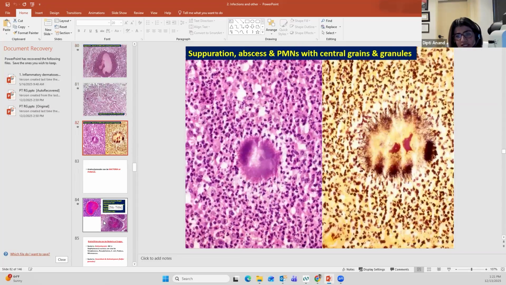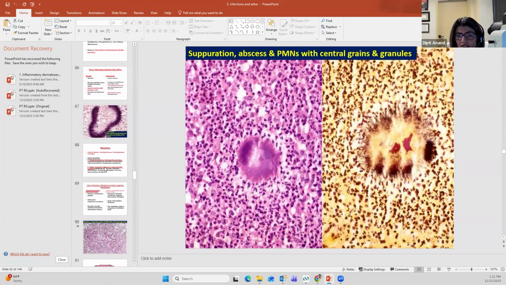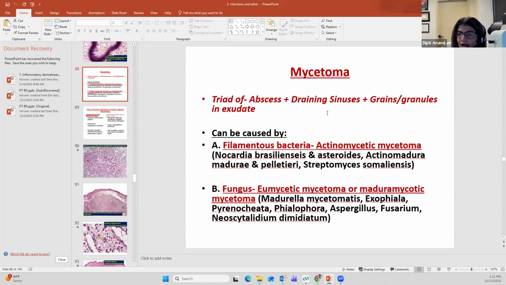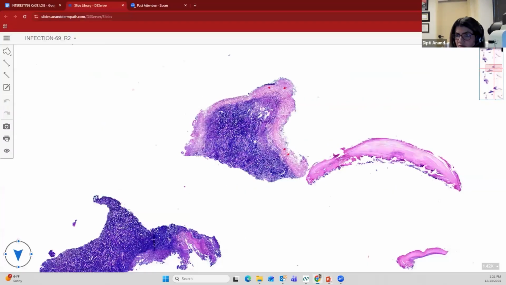It's a very beautiful PowerPoint slide, so go through it. They are very high yield. This slide you need to memorize based upon the color of the grains that are extruded, like what organism you are looking for. But what do you mean by a grain? A mycetoma is a triad of an abscess, sinuses, and the grains. The grains are clumps of the fungus, or the organism.